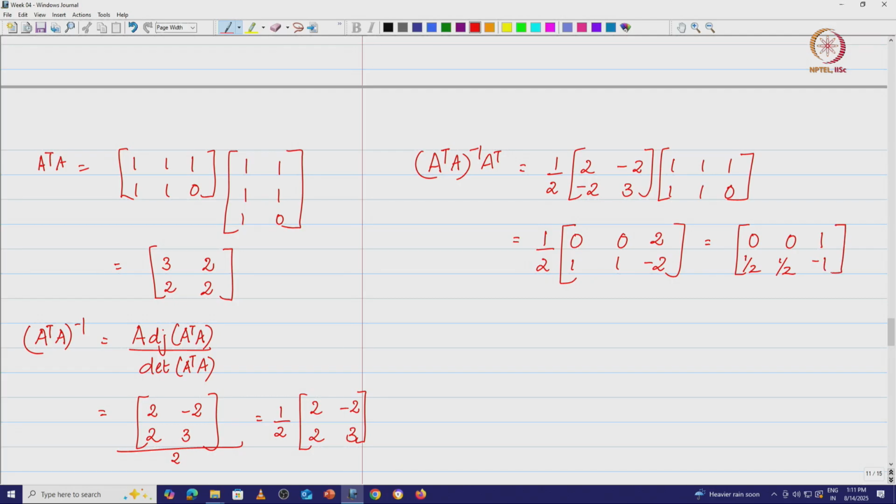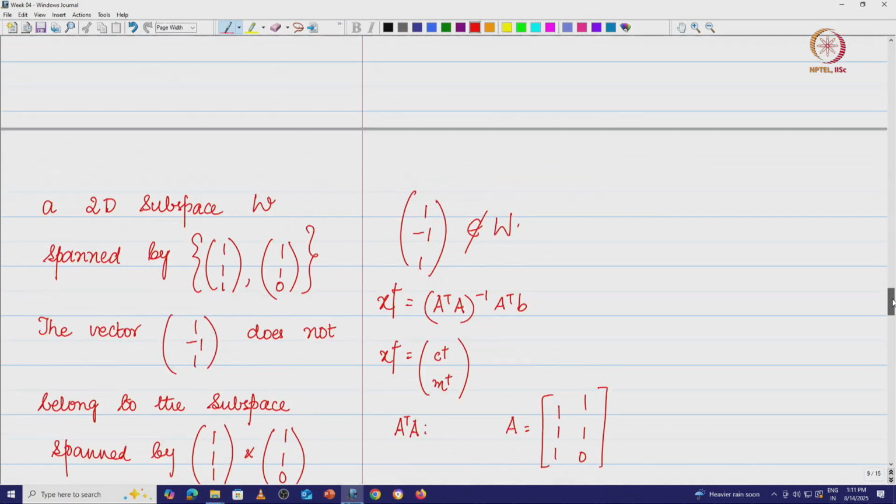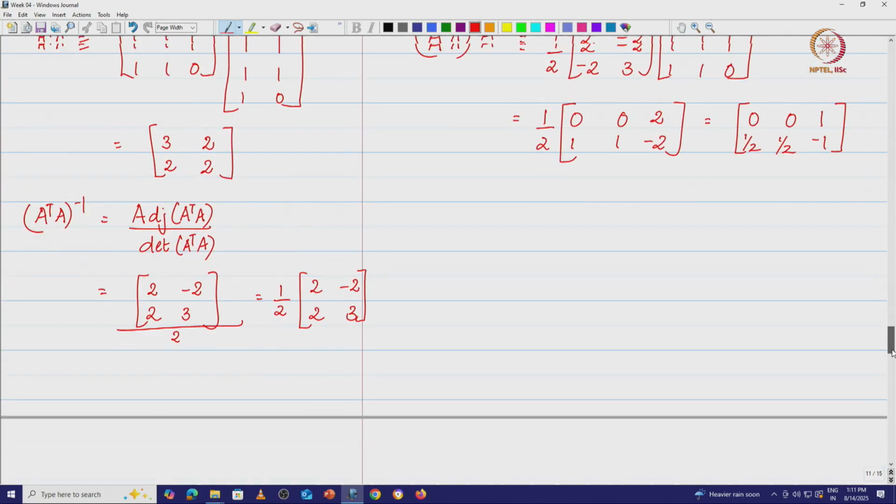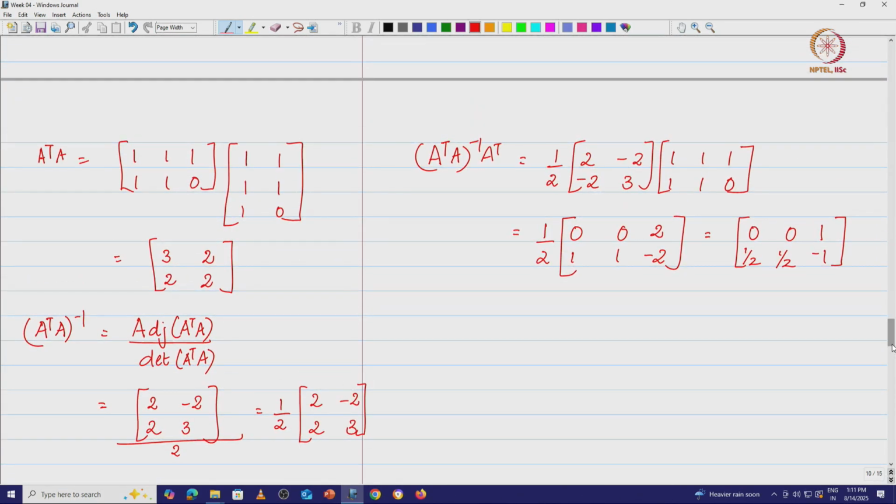Now, recall our B was this, the B that we were looking at was 1 minus 1 1. So, this is what we have. So, I am now going to evaluate (A transpose A) inverse A transpose into B, which is nothing but [0 0 1; 1/2 1/2 -1], and that I am going to multiply with my B. B is nothing but 1 minus 1 1.